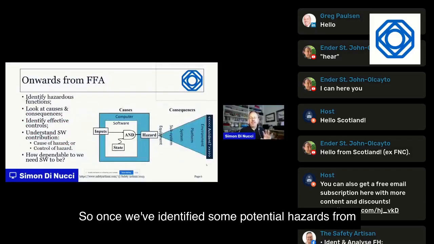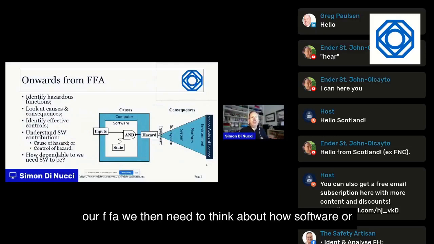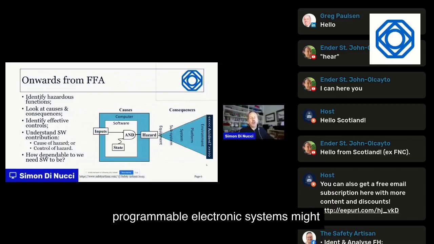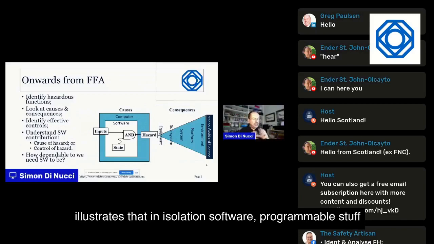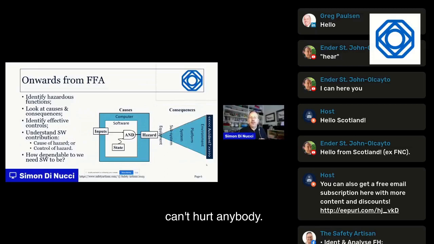So once we've identified some potential hazards from our FFA, we then need to think about how software or programmable electronic systems might contribute to those hazards. On the right there, we've got a little model which just illustrates that in isolation, software, programmable stuff can't hurt anybody.